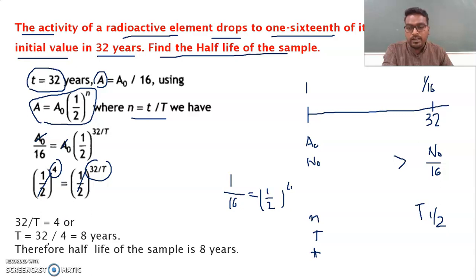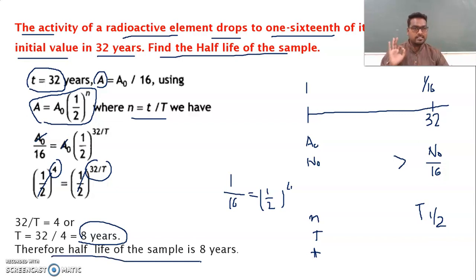Then if you simplify, T is equal to 32 divided by 4, so you will get 8 years. That is, the half-life of the sample is 8 years, dear students. This problem is very simple. The very important thing is you must know how we are considering A is equal to A naught by 16. Next class I am going to continue this session.